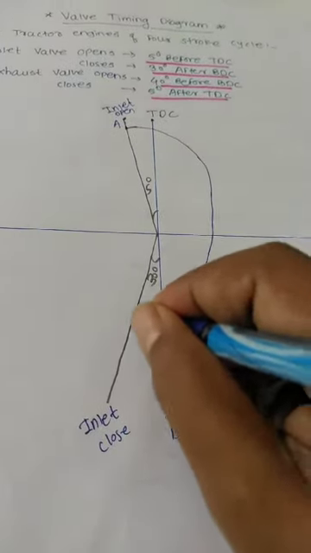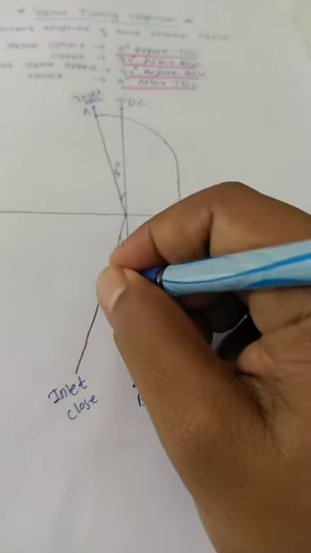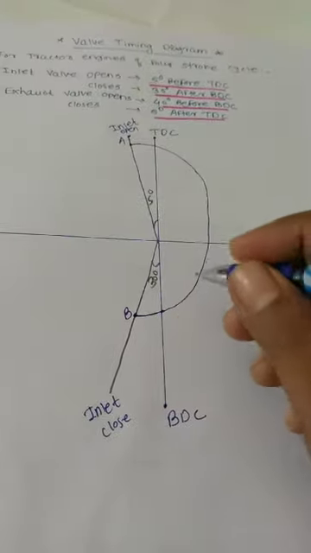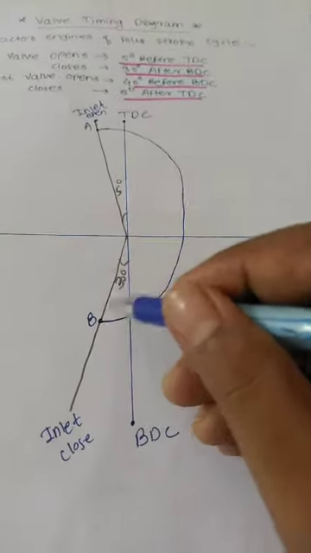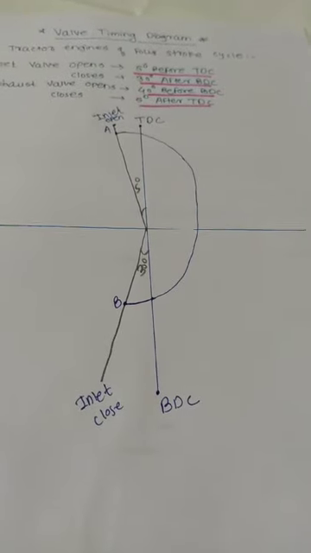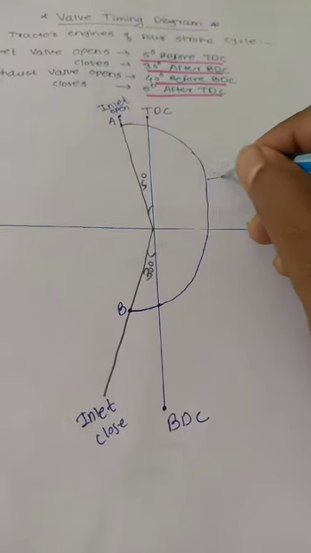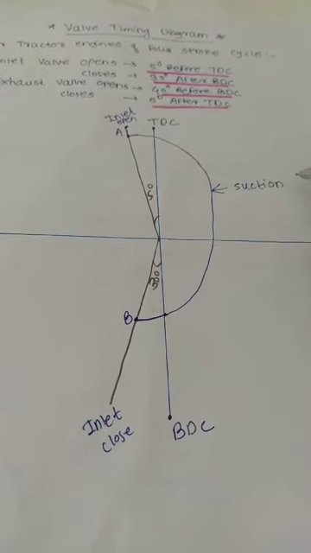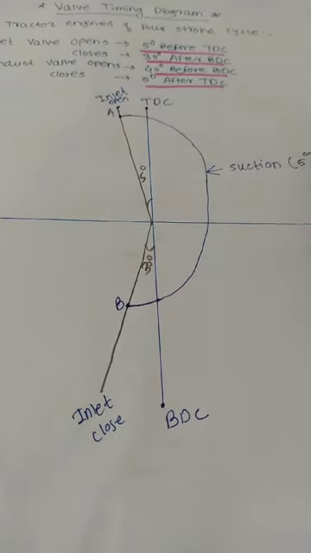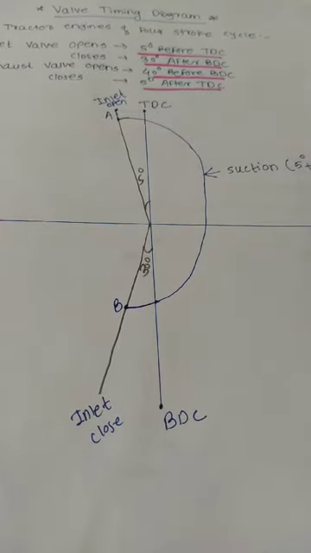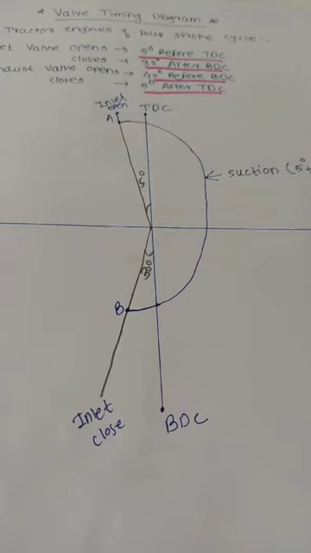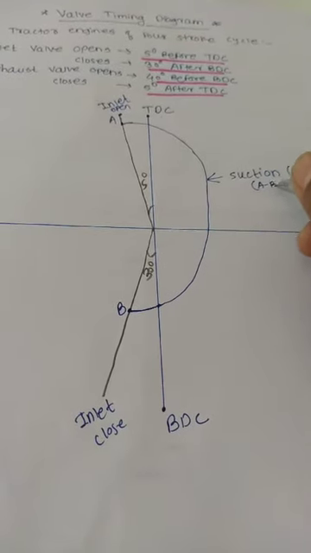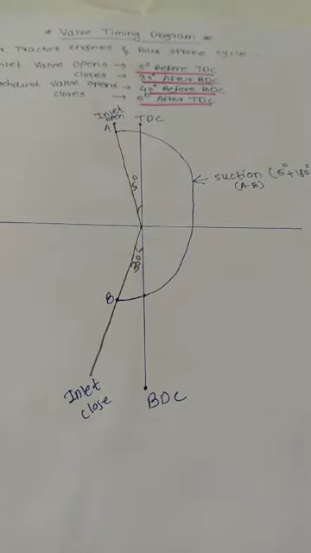Our whole stroke from A to B, this point is B, and this whole stroke is the suction stroke. The angle is 5 degree plus 180 degree plus 30 degree, from A to B. So this is our first stroke.